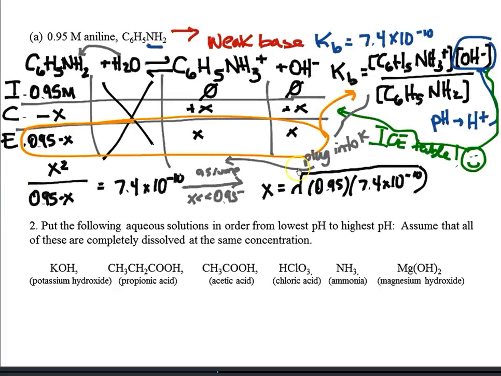Here I skipped a step that I did before, so this would be x squared divided by 0.95 equals 7.4 times 10 to the minus 10. And here I've already solved for x. x equals the square root of 0.95 times 7.4 times 10 to the minus 10. And that's going to give me 2.65 times 10 to the minus, it looks like, what is that number? I can't read the number I wrote.